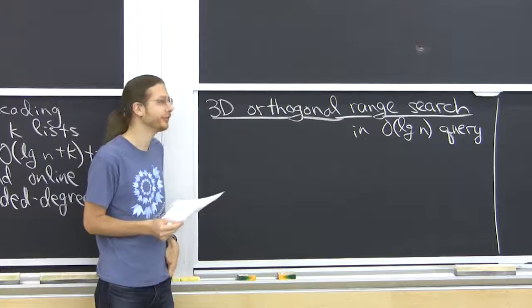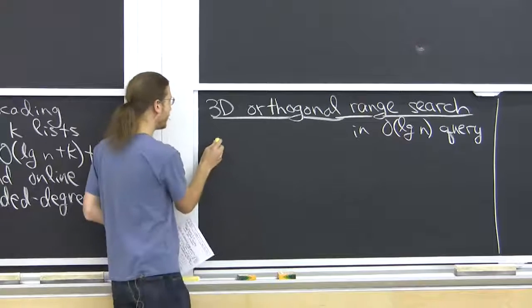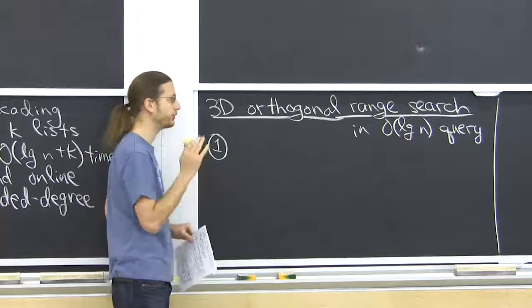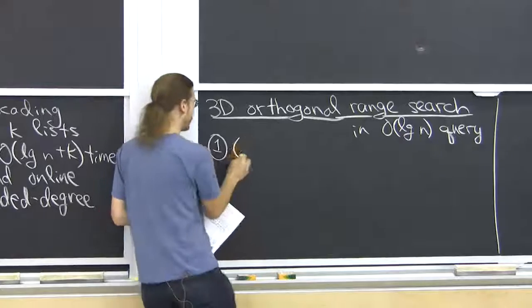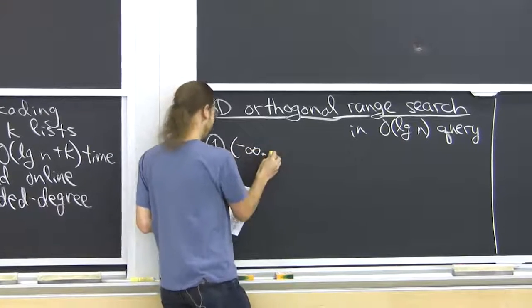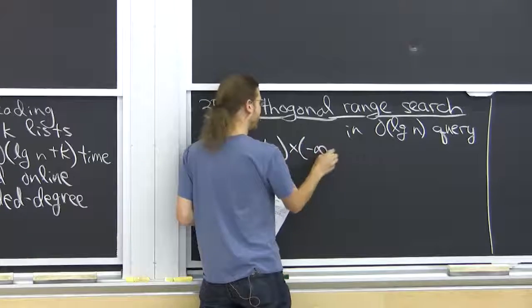Each of the steps is easy, but it's kind of amazing where we get to. We're going to start out with a two-dimensional restricted orthogonal range query. We'll see why at the very end. But this is actually from another paper of Chazelle in the same year.